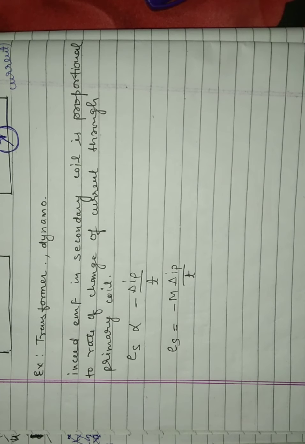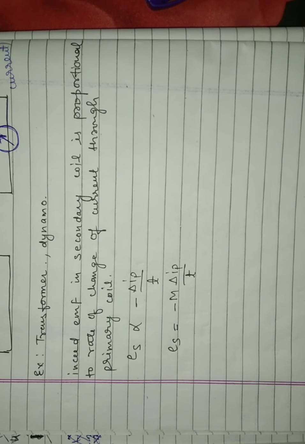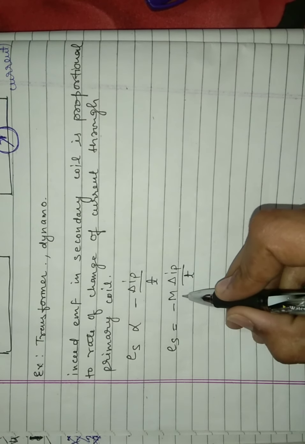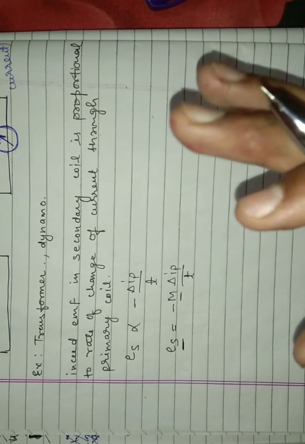Okay, and in boards it was asked many times: what is the definition of the coefficient of mutual induction? The definition of constant terms we get from the formula. So M is equal to the induced EMF, so I'm now telling the definition.